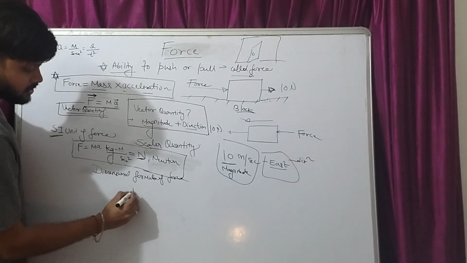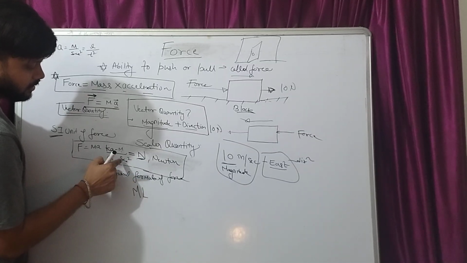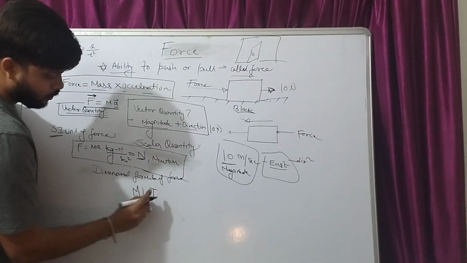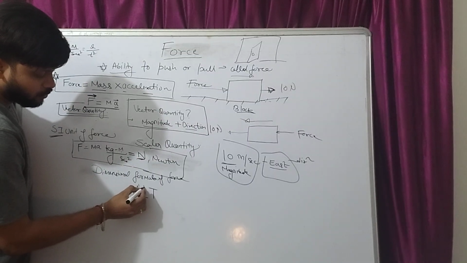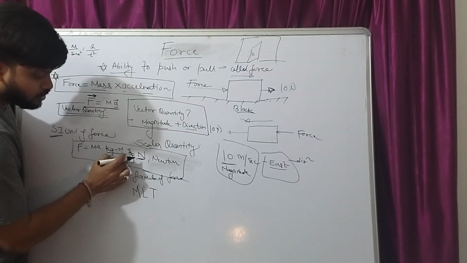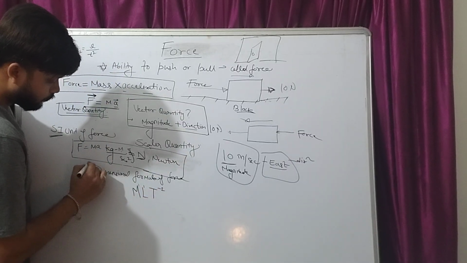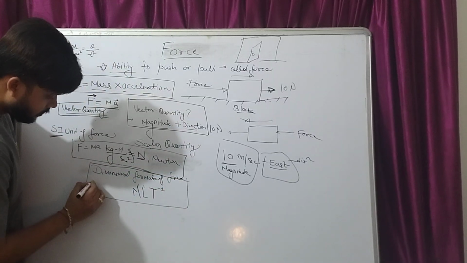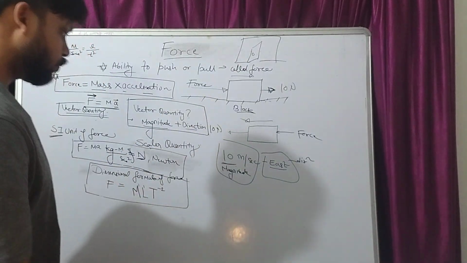Kg means M, meter means length L, and second we indicate as time T. So M1 L1, and T square: if we put the second in the top position, the power will be T to the power -2. So the dimensional formula of force is M1 L1 T-2.